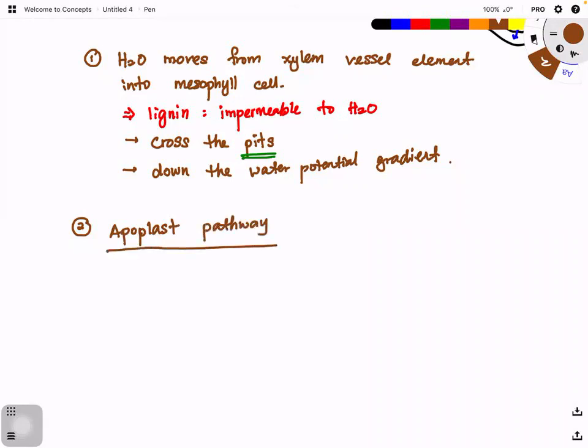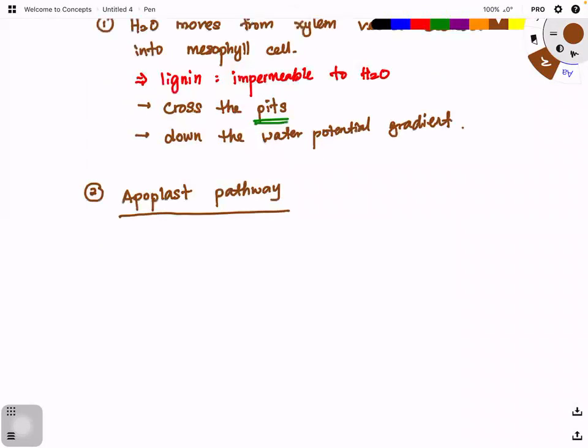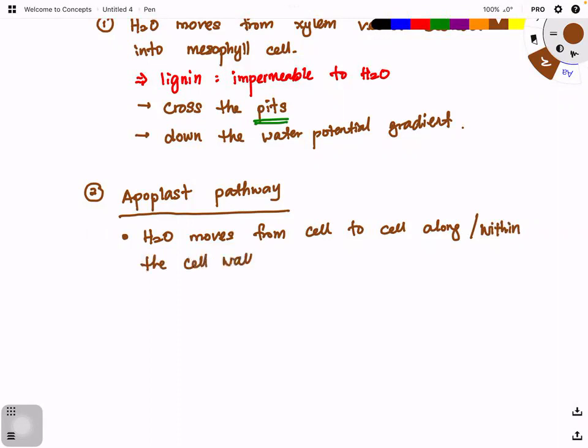In terms of description of the apoplast pathway, you can see that water molecules move from cell to cell along or within the cell wall. So it means they move from one cell to another cell along the cell wall.